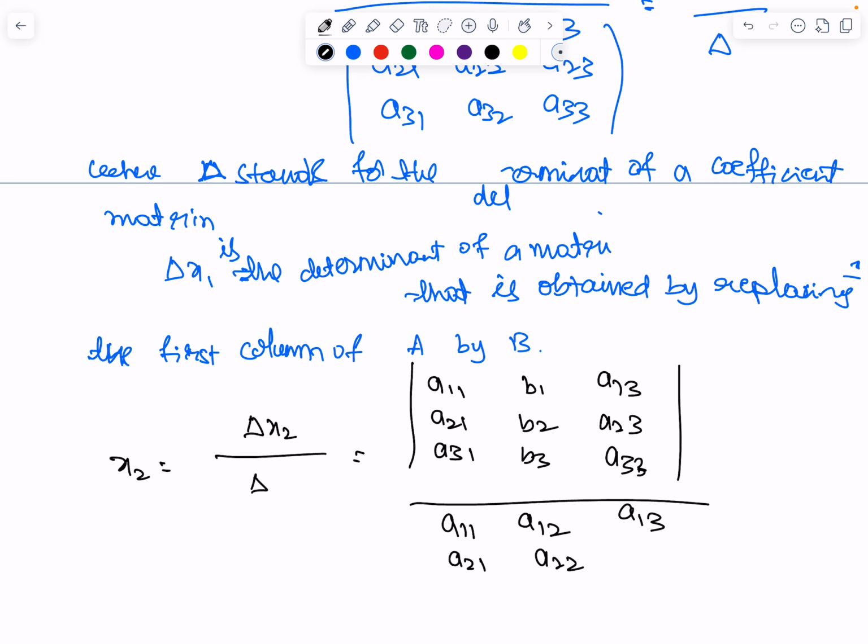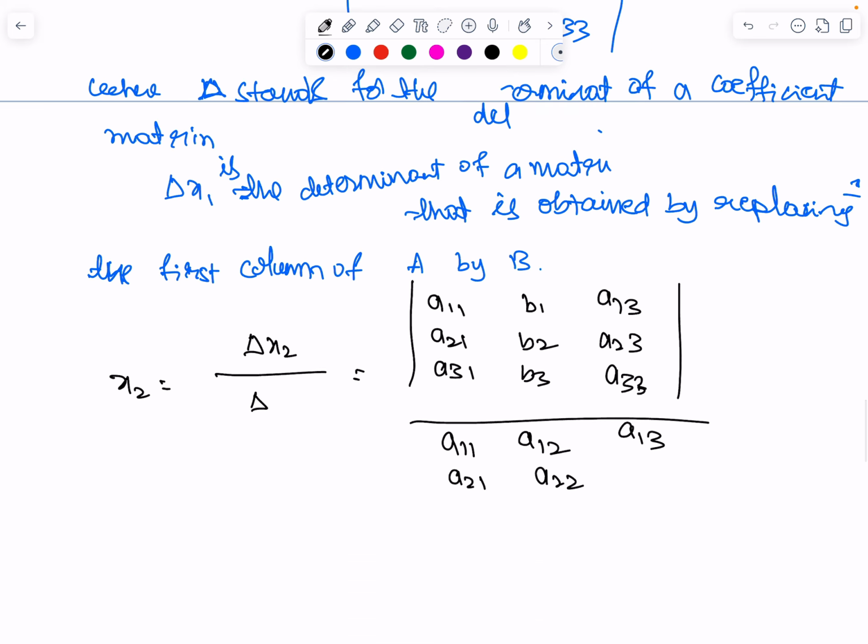Delta is the standard notation for the determinant of A.